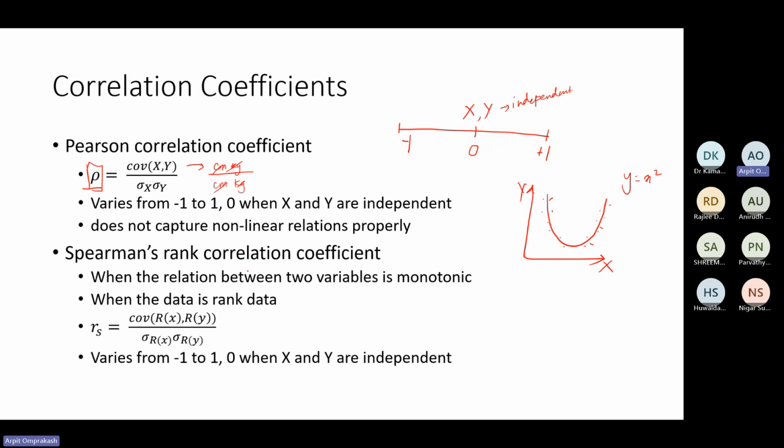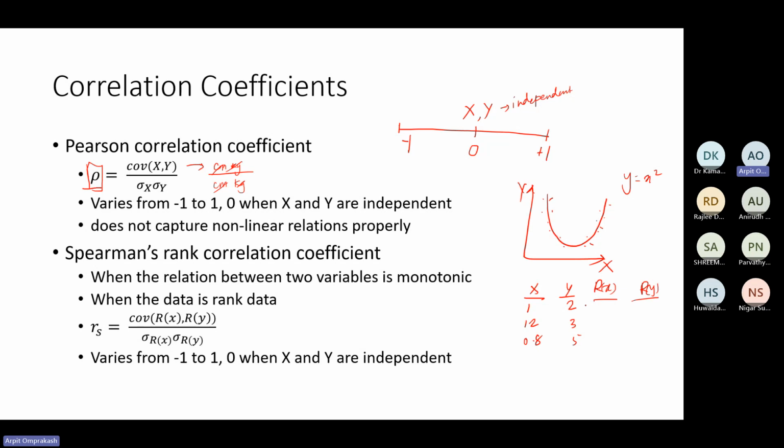Spearman's rank correlation coefficient. Okay, so basically what you do in this case is, let's say you have some data x and y: 1, 1.2, 0.8, and so on, and 2, 3, and 5. So basically what you do is you calculate the rank of x and the rank of y for each variable, so for each data point.